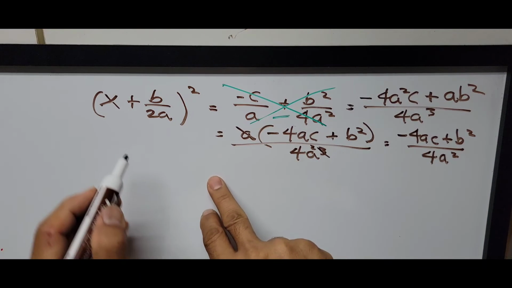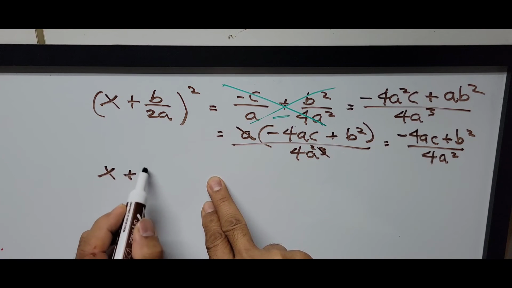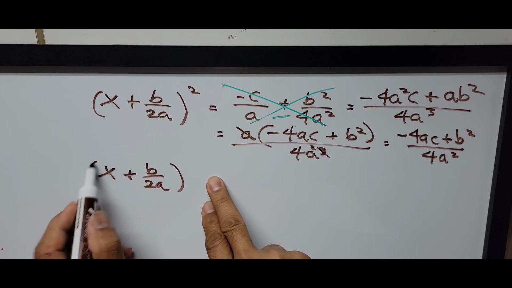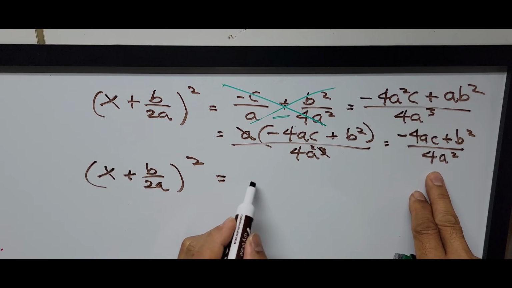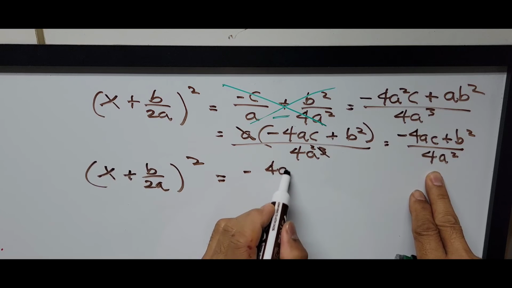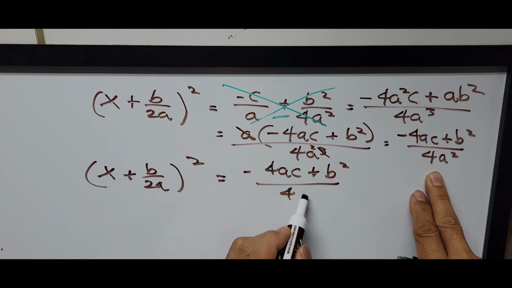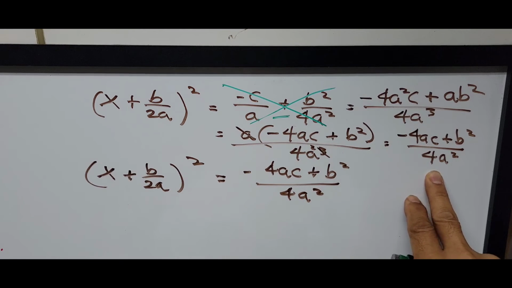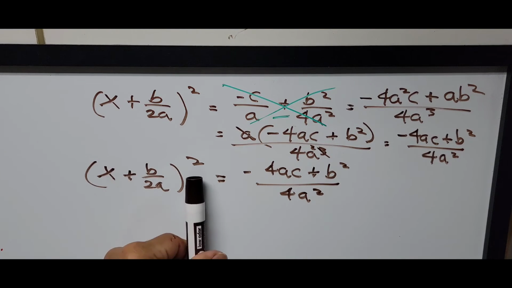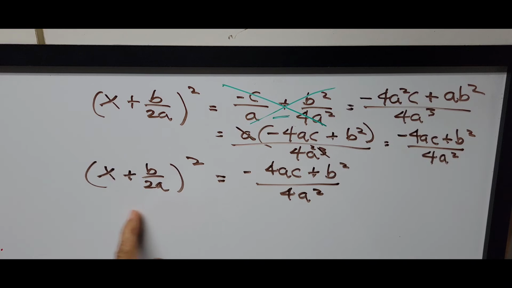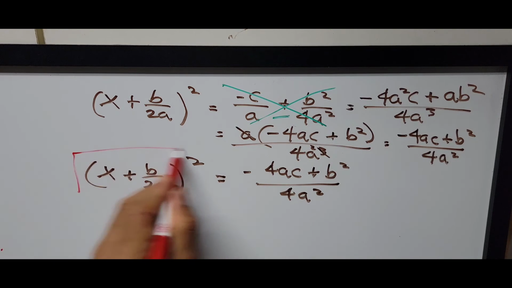So we have to go down here now. X plus b over 2a squared equals minus 4ac plus b squared all over 4a squared. Now we have a second power, the exponent 2. How are we going to remove the exponent? All we have to do is take the square root of both sides.